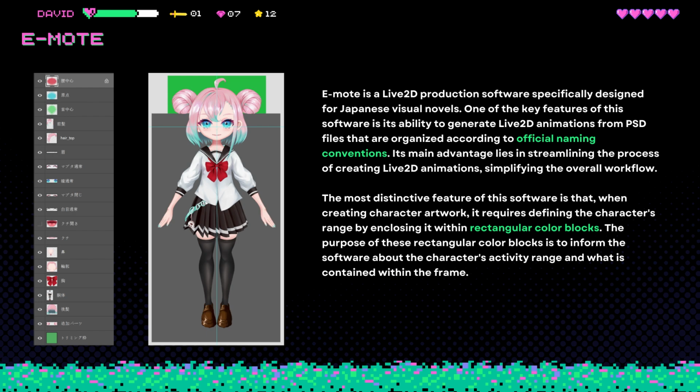Through my test, I found that this software has very strict official naming conventions. We should name the different layers as they recommend. And the software will use rectangular color blocks to define the character's range. So this way, the character will be limited to the rectangular form.